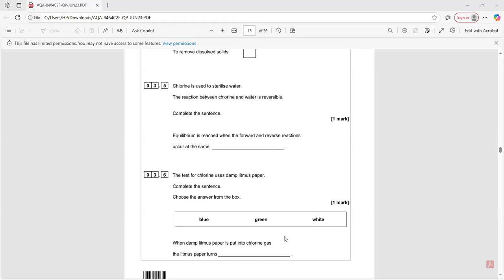It's at the same rate. Someone might say speed, but since it's reactions, the key word there is rate, as in R-A-T-E. So you got that, right? Yes.